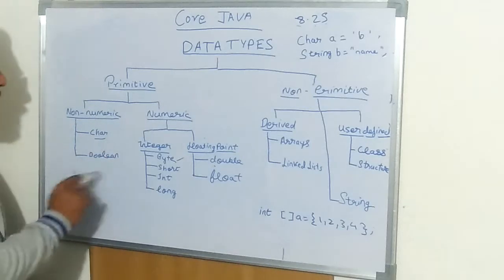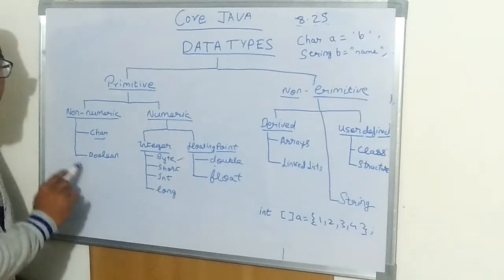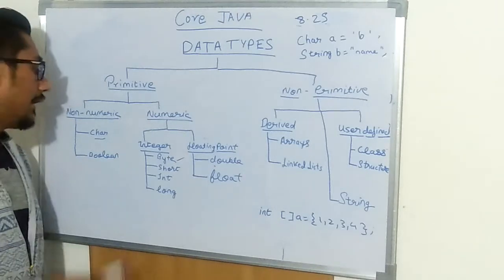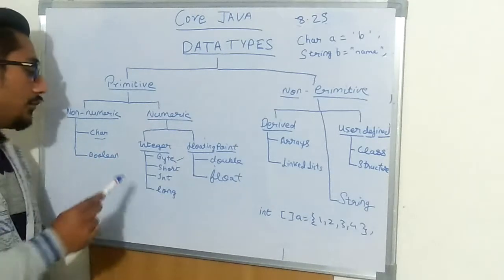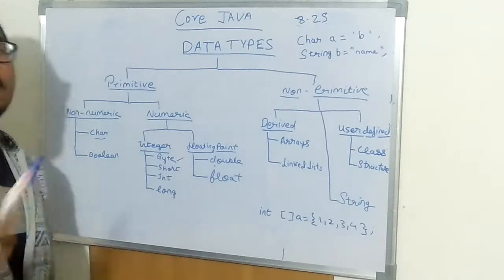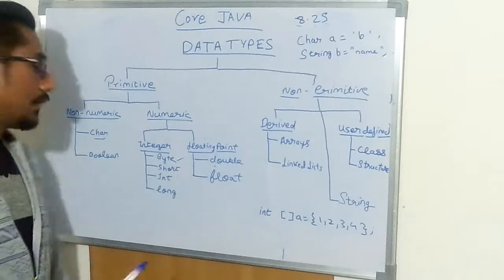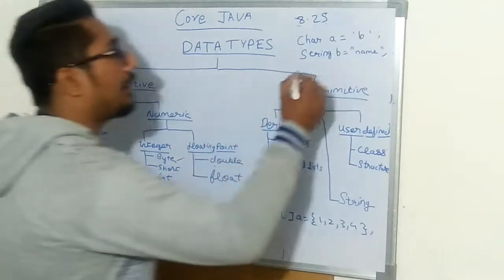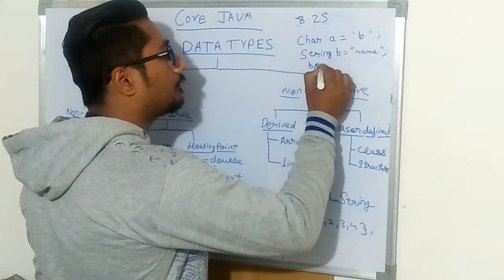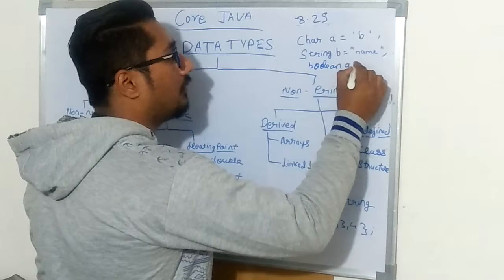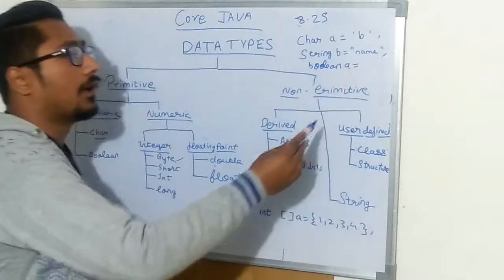Coming to the Boolean value. This is the Boolean data type. It has only 2 reserved values that you can store in it: either true or false. In any language, if there is a Boolean data type, you can store only 2 values, either true or false. If I write Boolean A equals, then I should store a value.